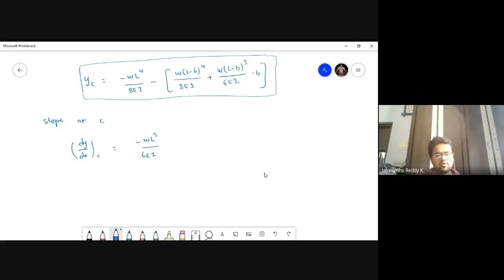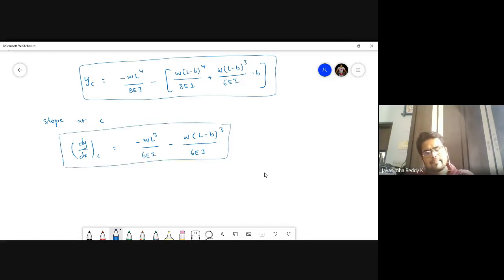This is the slope above if you consider above, minus the slope if you consider only below, over 6 EI. So this is what the answer is. Okay, is it clear, guys? Is it okay?